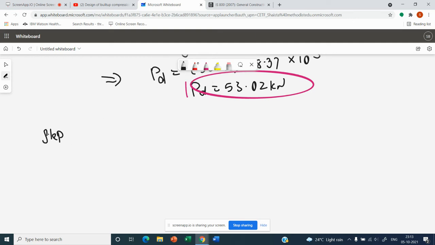Step 9. Calculate transverse shear. It's given as 2.5% of the axial load.